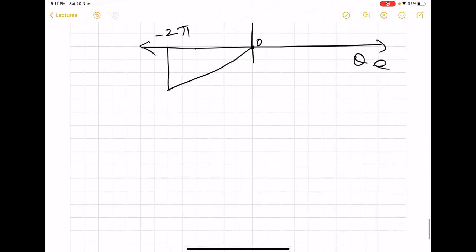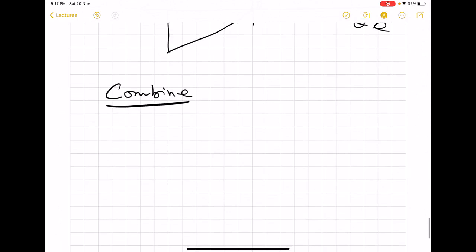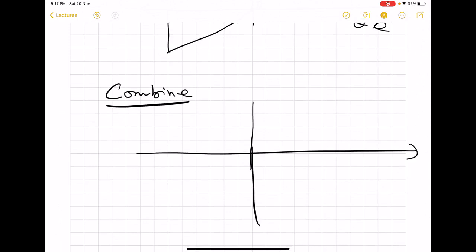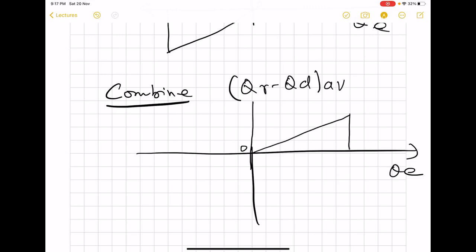So now if we combine the two cases, the characteristic is going to look like this. So this will increase to 2 pi. Similarly, it will increase to 2 pi.